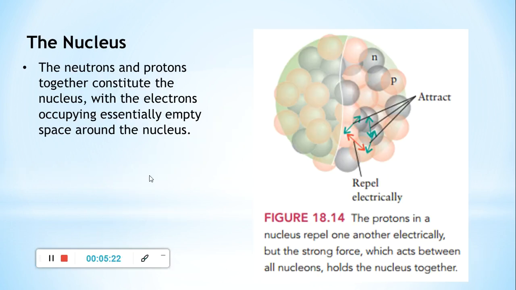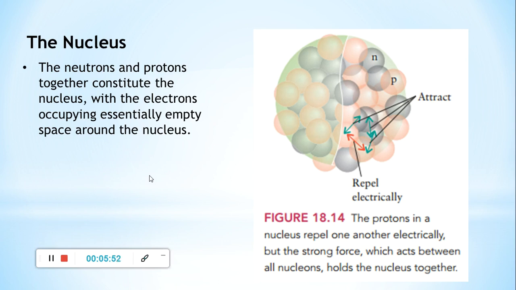The nucleus. From the previous discussions, we described the principal subatomic particles. Recall that the neutrons and protons together constitute the nucleus, with the electrons occupying essentially empty space around the nucleus. From an electrostatic point of view, it is amazing that positively charged protons can be packed so closely together.